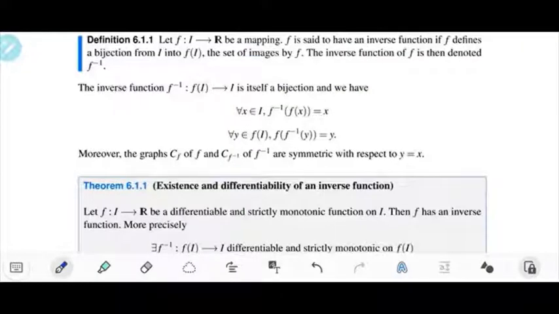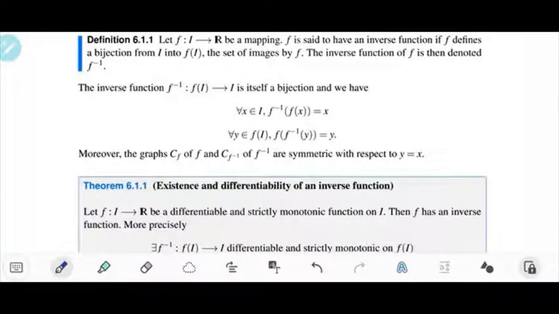As you already know, if you have f being a mapping, we say that f has an inverse function if f forms a bijection from its domain into the image set or the range set, which is from I into f of I. Which means, as you already know, that if f is strictly increasing on its domain or a part of its domain, then on this part f has an inverse function denoted f minus 1 that goes from the range of f into the domain or this part of the domain of f.